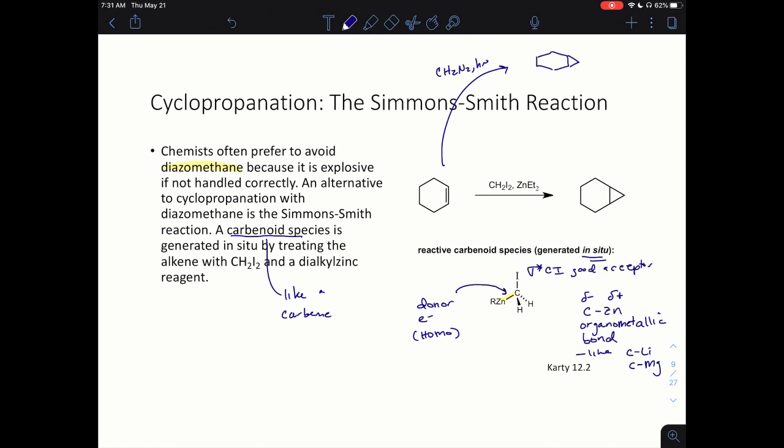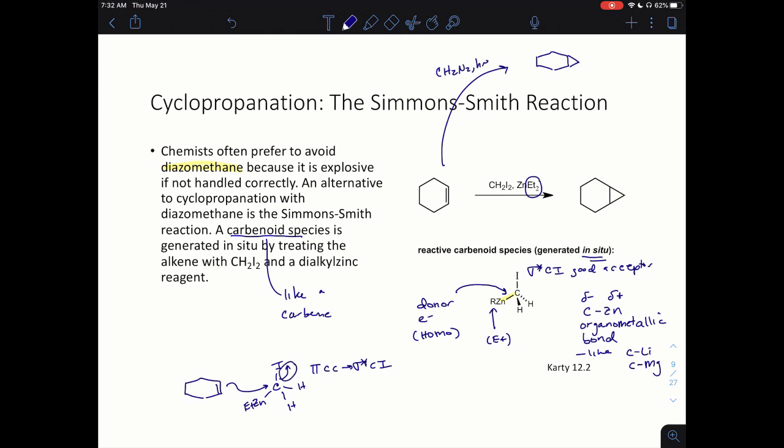So what can occur here? We'll redraw the Simmons-Smith reagent. And the R group on zinc, it's ethyl. It came from up here. I'm just being general with the R. I'm sorry if that was confusing. So pi CC attacks sigma star C-I.